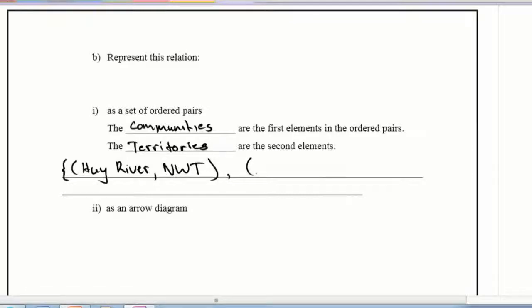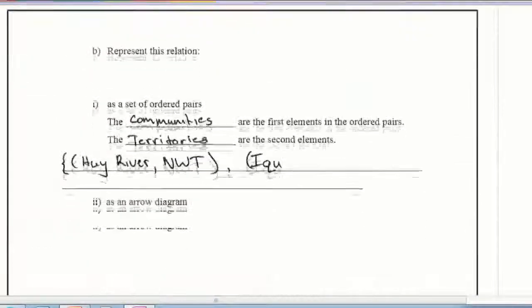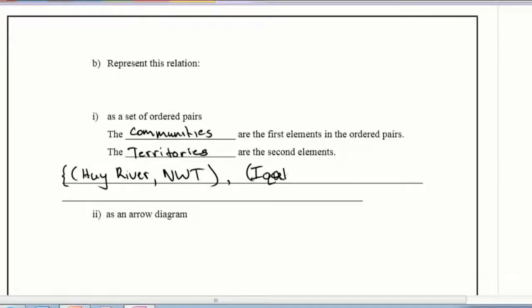The next one represented is Iqaluit. Make sure I spell this Q-A-L-U-I-T. And Iqaluit is in Nunavut.